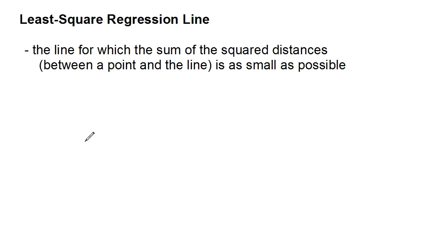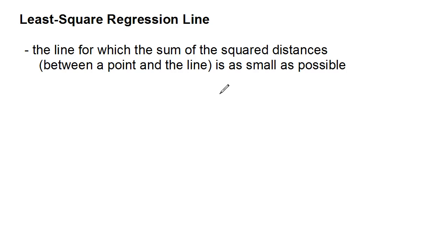correlation or not. What it does is it takes the sum of the squared distances from the horizontal values, or actually the vertical values from the line, so from the y values, and it finds where they're the smallest as possible.